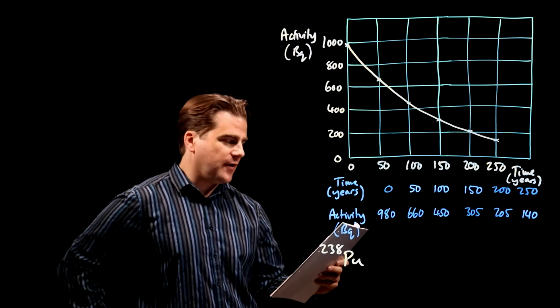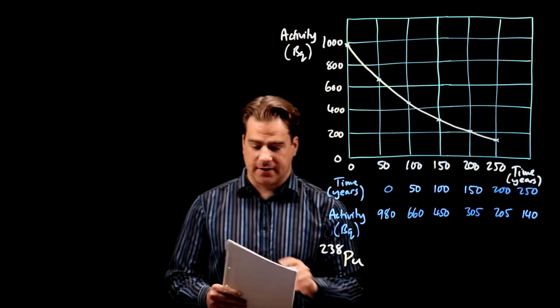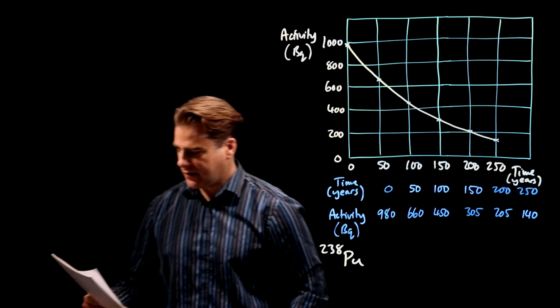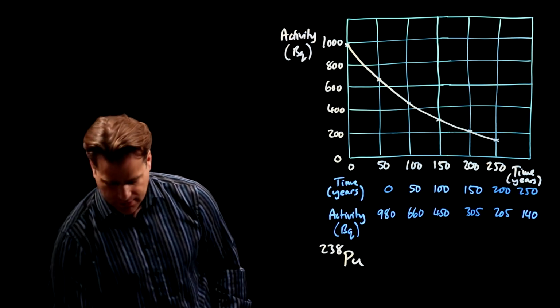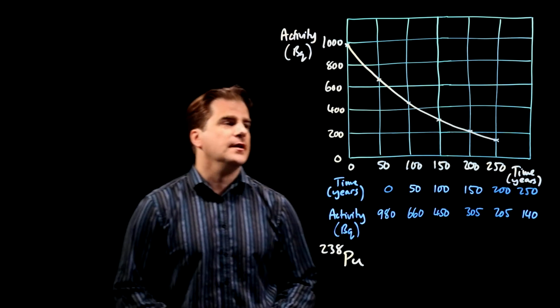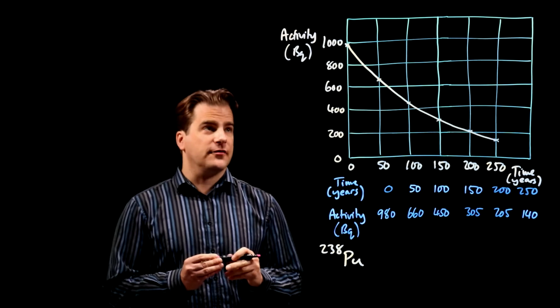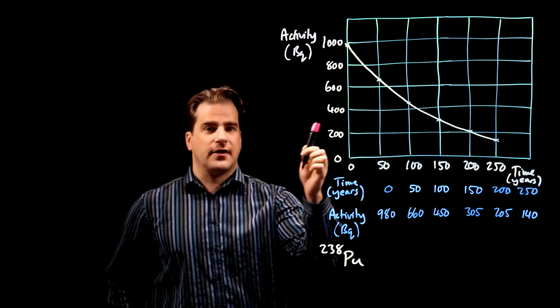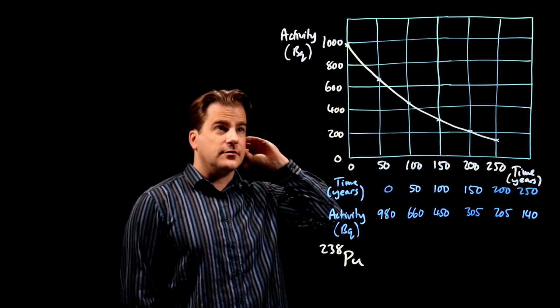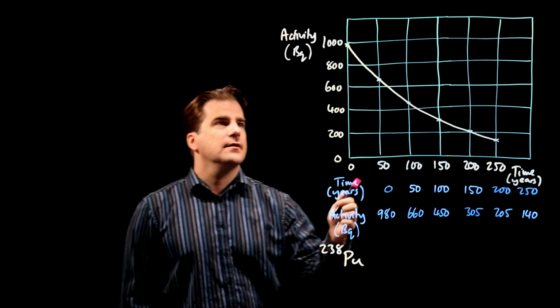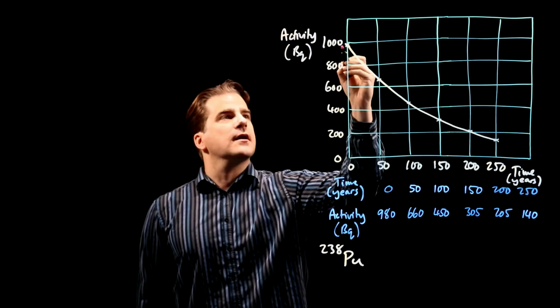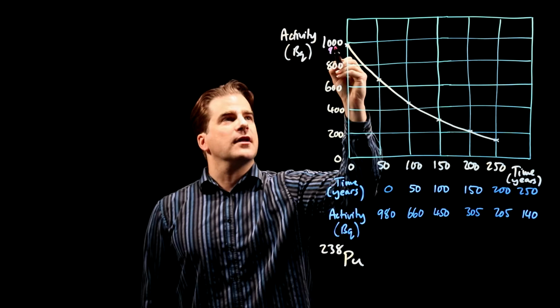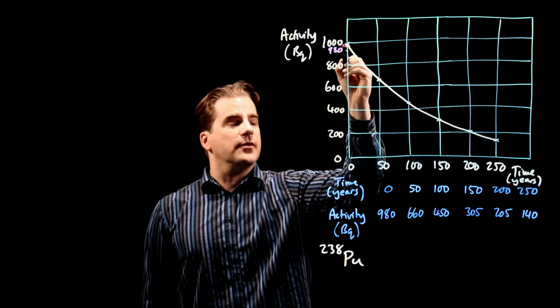Right, use the curve to find the half-life. Show working. It stresses show working, okay? So, to work out half-life from a graph of activity, this is what you do. That is 980 at that point there.